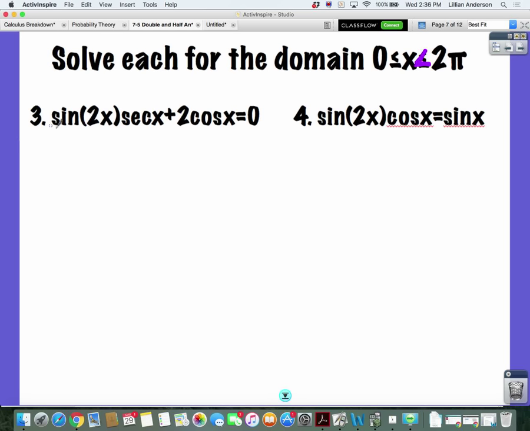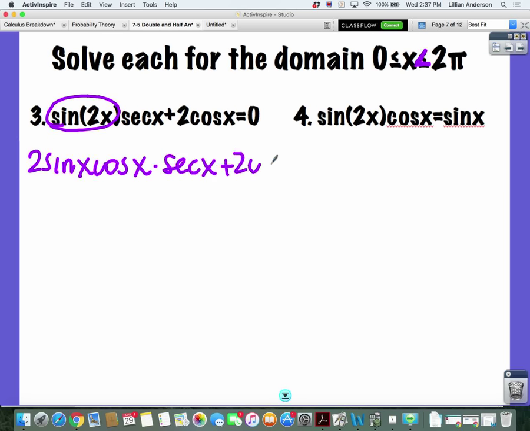I can replace this with the identity. What is the identity? So I've used the identity. Now I just have normal sine x's and a cosine x. I got a secant in there. What can I do with that secant? 1 over cosine.